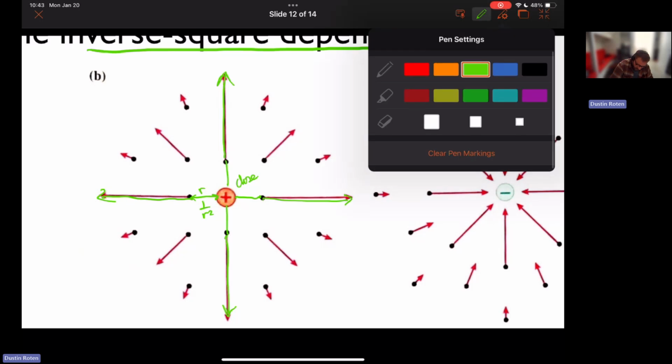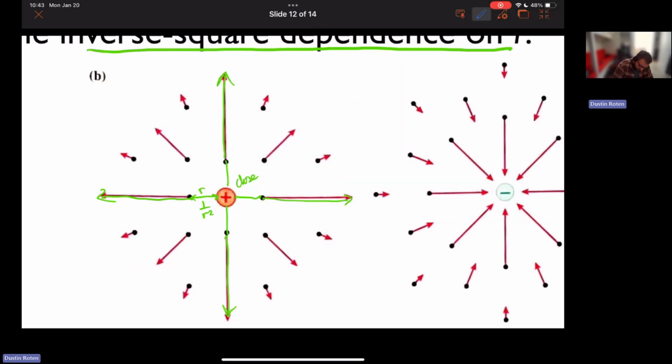Well, we could actually move out a little bit. So we can go to these. So these points, these 4 points I've labeled, they're a little bit further away, right? Well, they're further away, which means the force they experience at these points, or the electric field at these points, is going to be a little bit weaker.